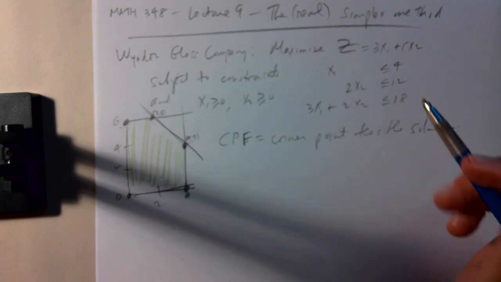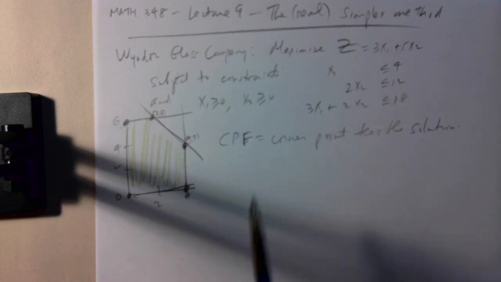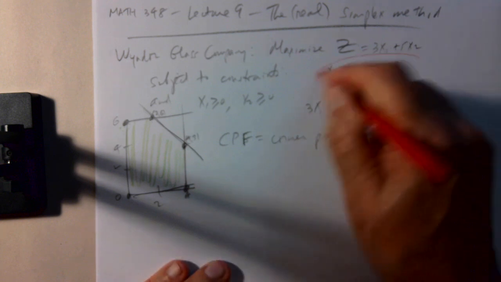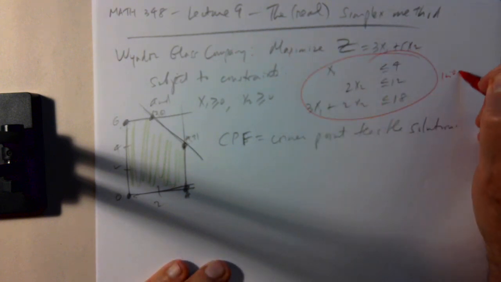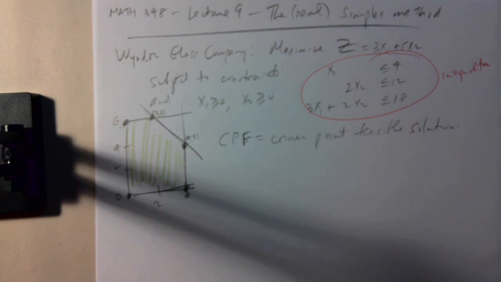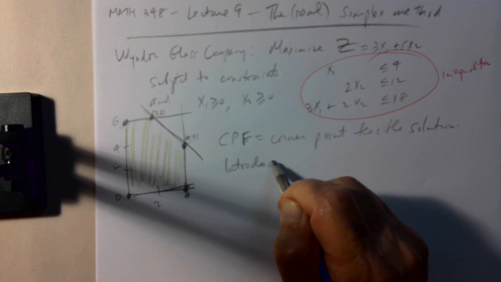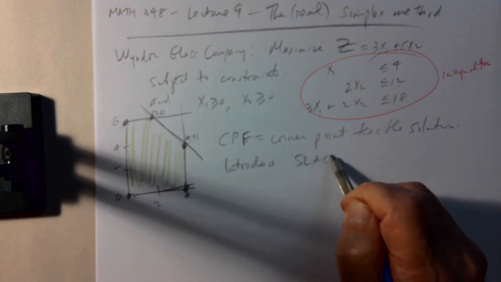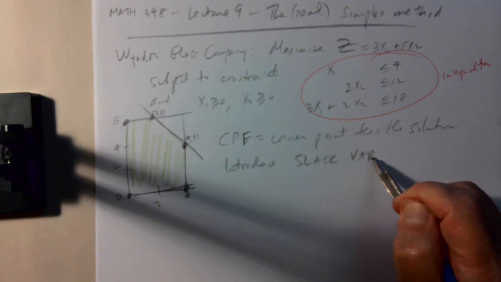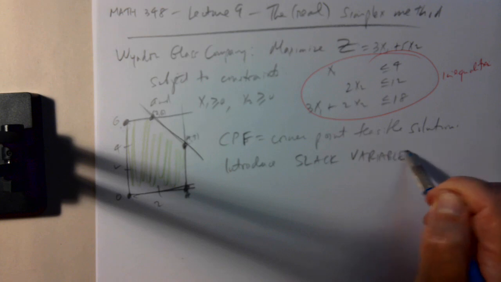Now, in this formulation, we're dealing with inequalities. But it's easier to deal with equalities. So we introduce what are called slack variables.